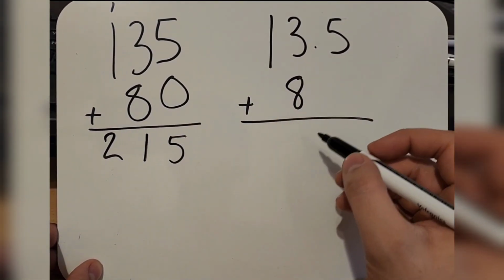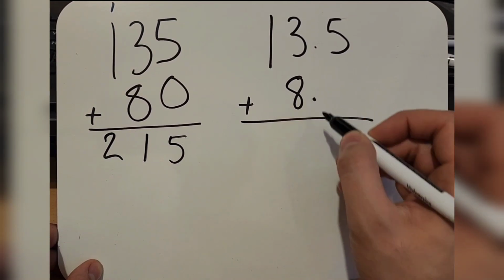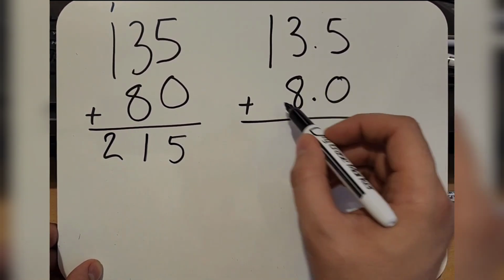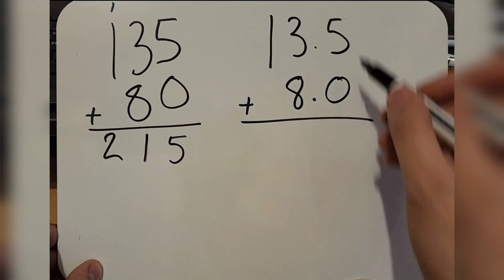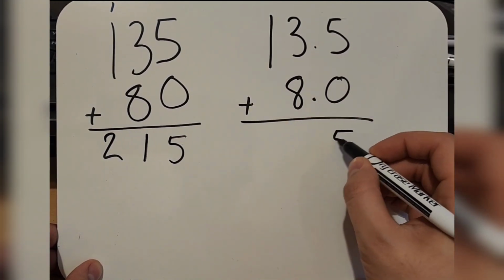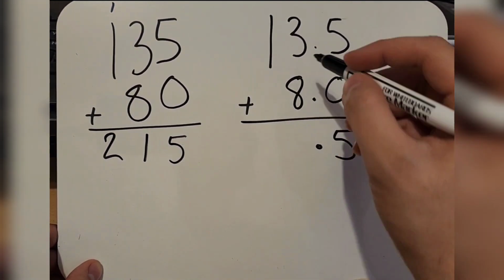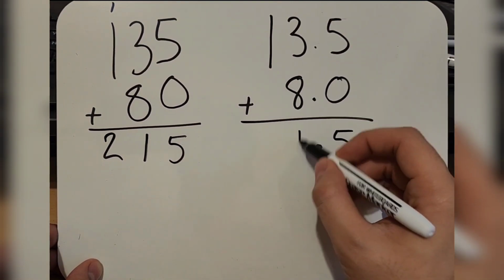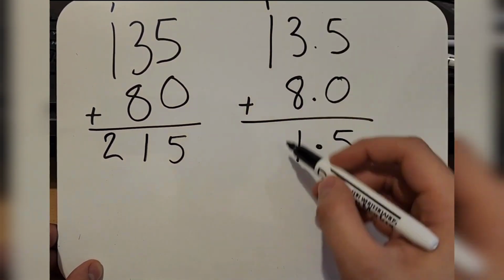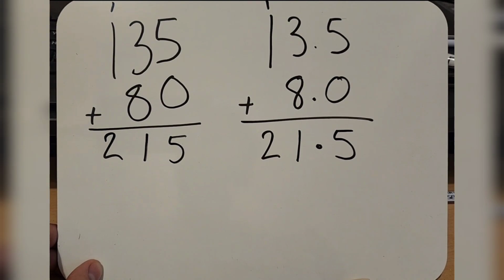So when we come over here, just like last time, we put a decimal point there, and a 0, the value here is still the same. 5 add 0 is 5, we must put this decimal point in. 3 and 8 is 11, carry the 1, and there we go, 21.5, no issues.